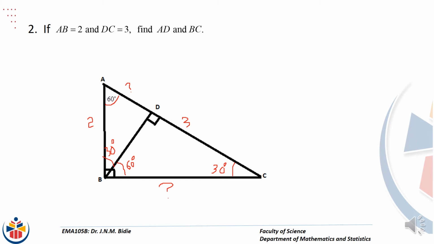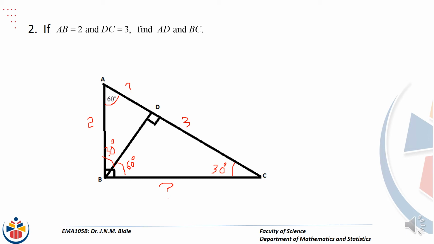Prove similarity first of those two triangles that you choose to use. Note that you have an equiangular situation here, because even if you've chosen CDB and ABC, B is 90 and you've got here CDB is 90, and you've got 60 degrees, which is angle A, which is equal to angle DBC, and we've got 30 degrees for angle ABD, which is equal to angle C. So equiangular between triangle CDB and triangle ABC.